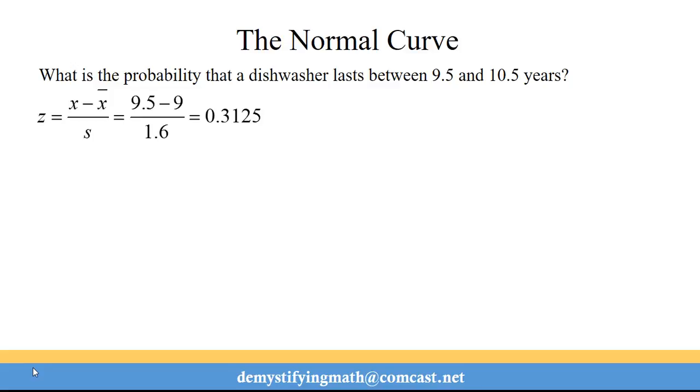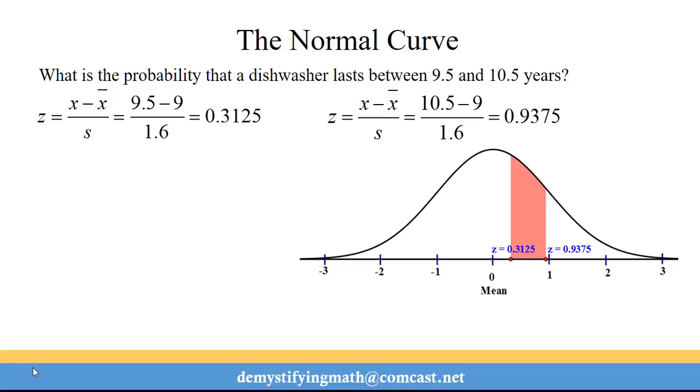First for the 9.5. So we have 9.5 minus 9 over 1.6, which gives us 0.3125. And we're going to also do it for 10.5. So we got 0.9375. So we're going to find the area between these two z-scores. So it looks something like this on our graph. So let's go back to our graphing calculator and do that.